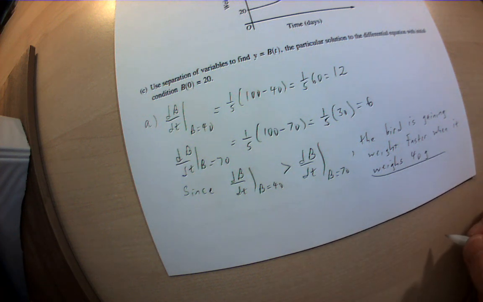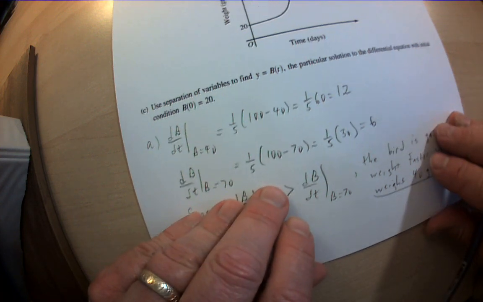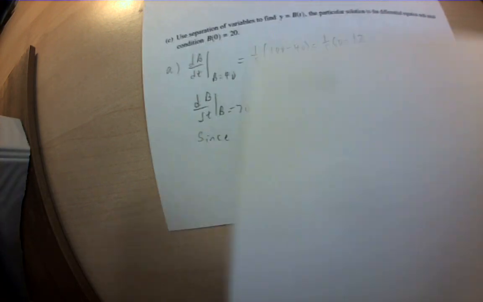Okay, answer the question, guys. So I'm looking, they give you 1 point for doing this, they give you 1 point for doing that. All right, let's see part B.